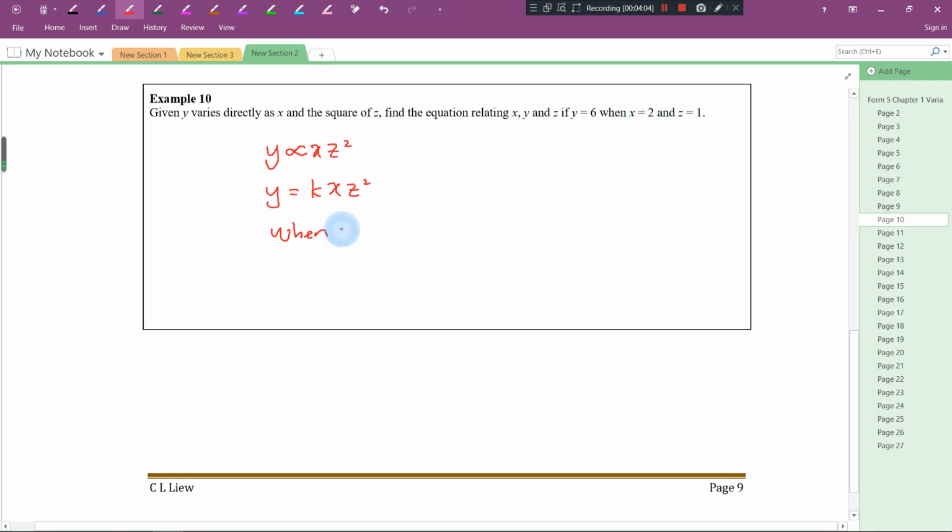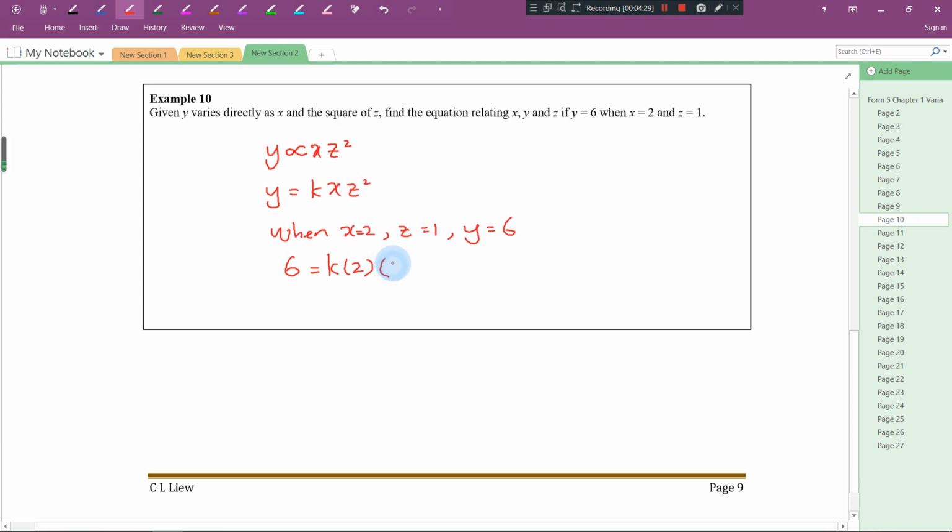When x is equal to 2, z equal to 1, y is equal to 6. Okay, I'm going to put all these values into this equation. Y is equal to 6. K, I don't know. I want to find the value of k. X is equal to 2.